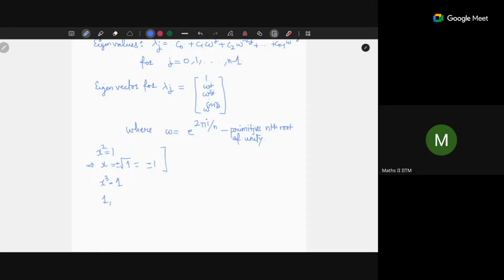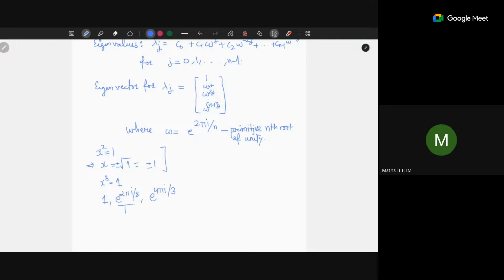The other roots turn out to be e to the power 2 pi i by 3 and e to the power 4 pi i by 3. Okay, these will be the roots.